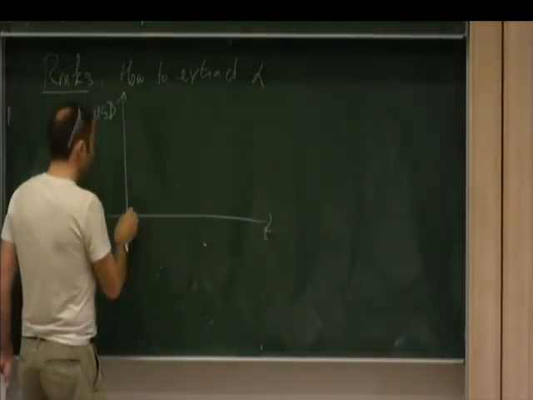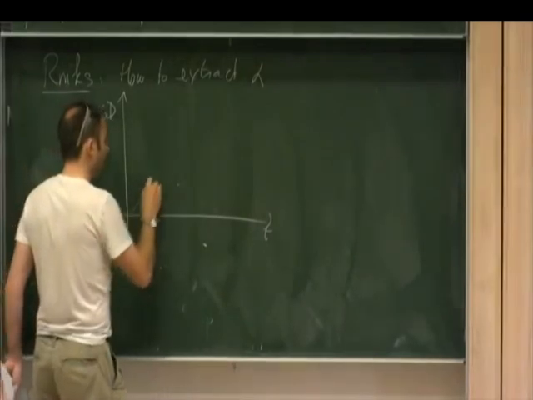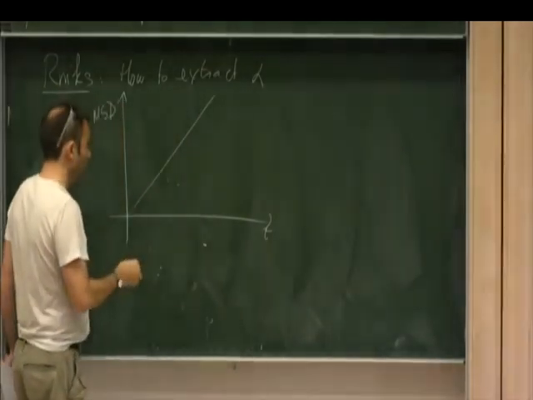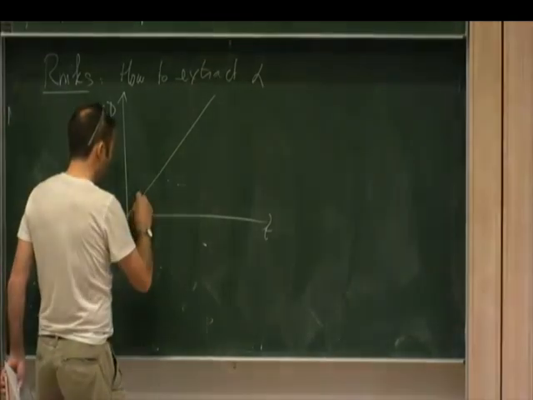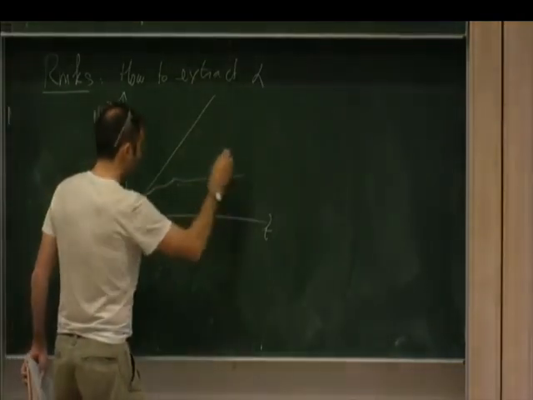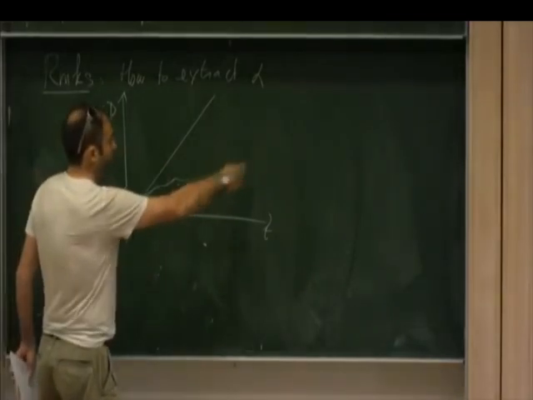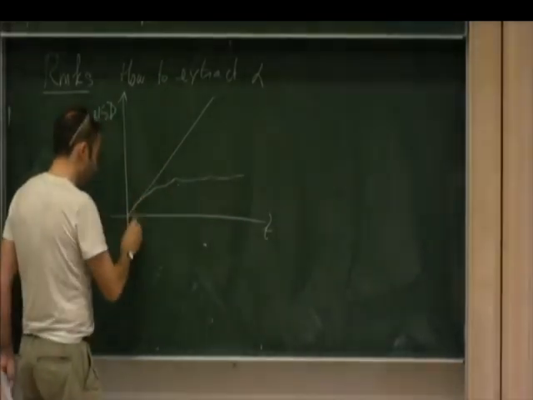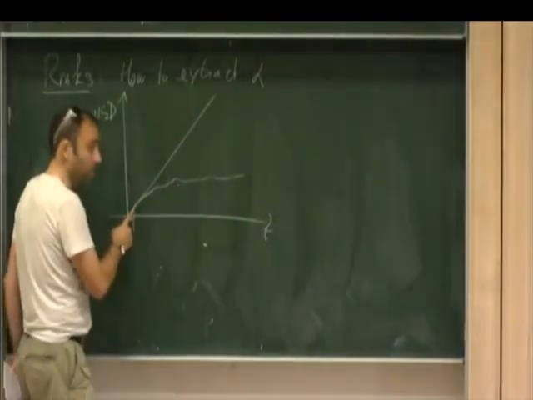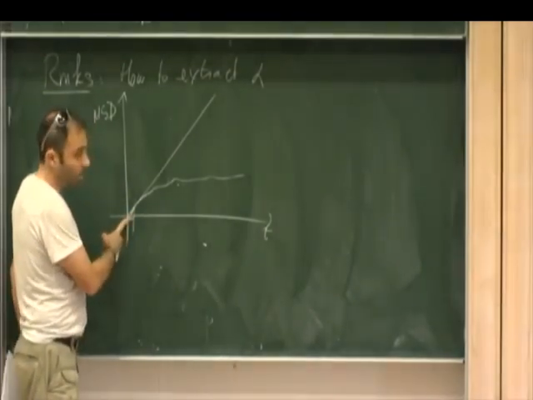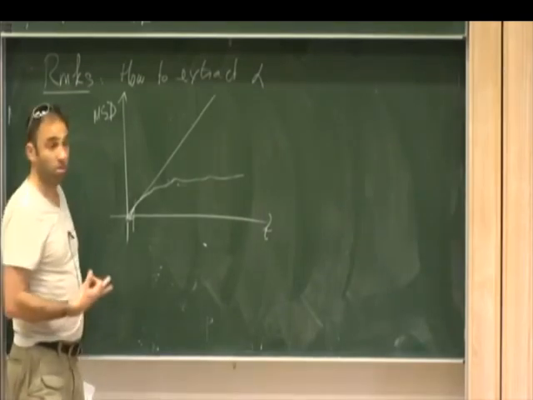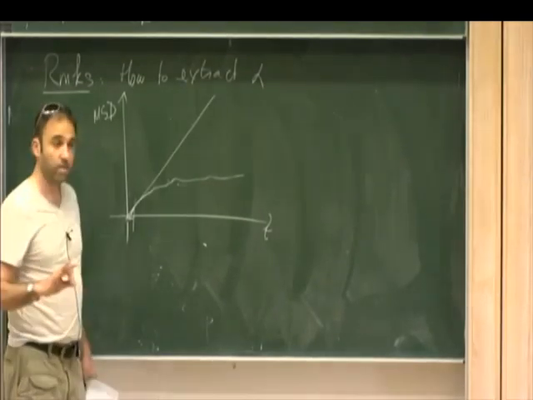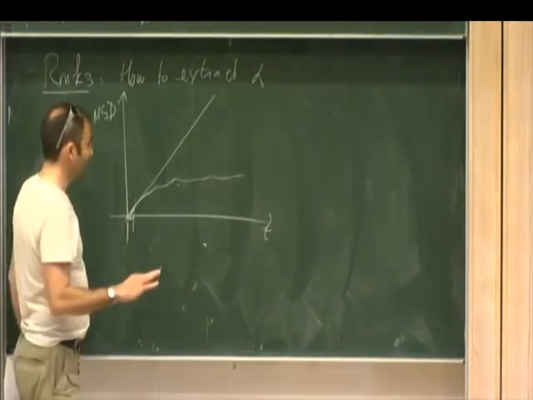If you have something perfect, you get a line here, and usually, whatever your process, you get something else, let's say confined Brownian motion. You go to here and say, right, I have to approximate the derivative at 0. But you cannot do that here. It has to be long enough. So how do you do it? Well, it's not clear.